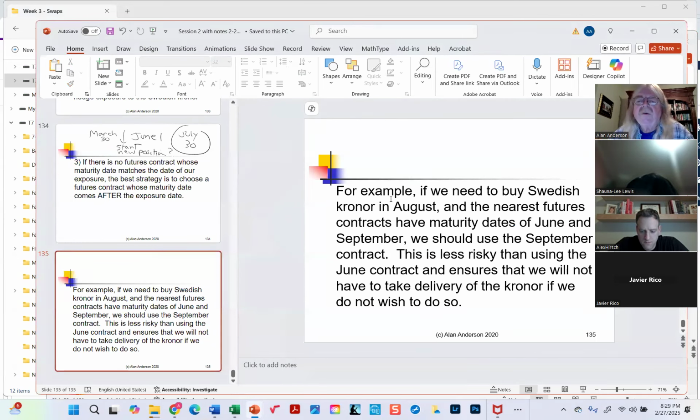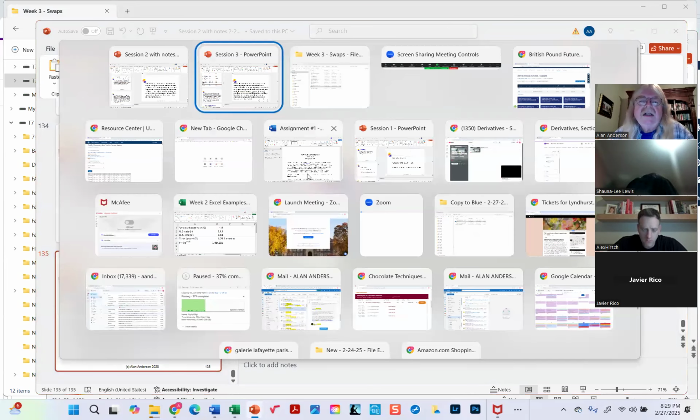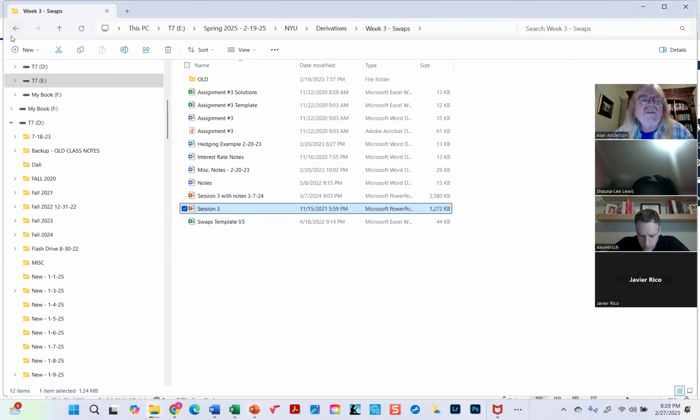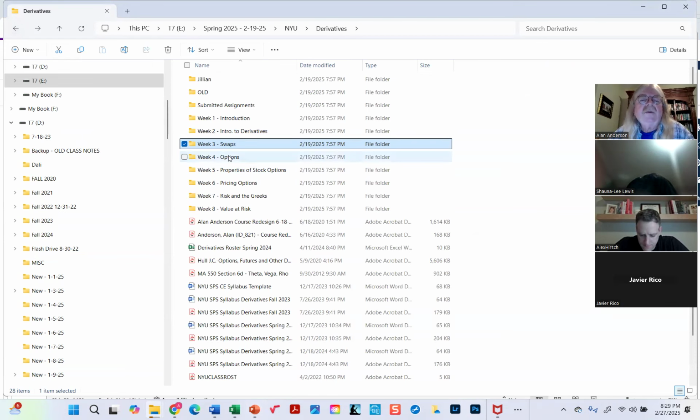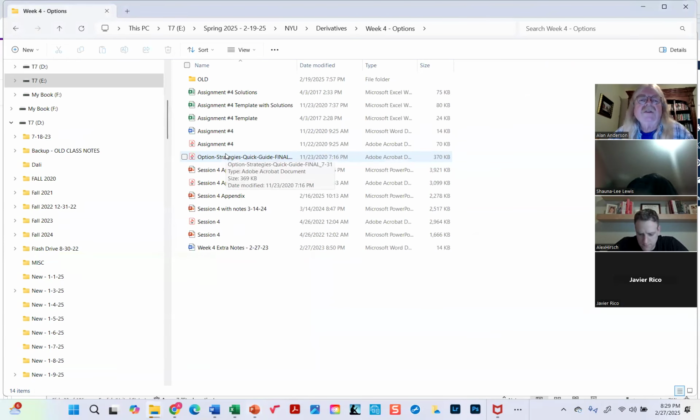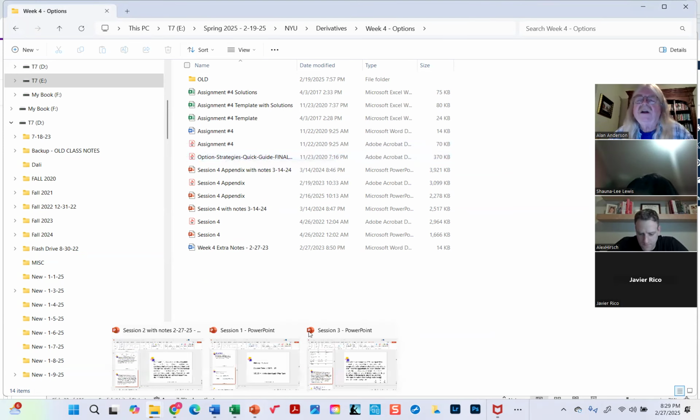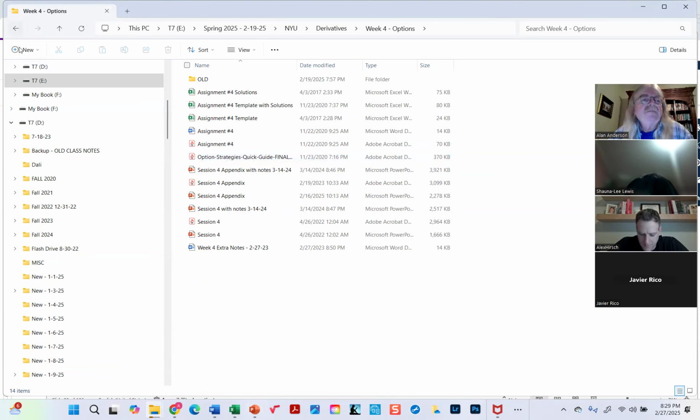It should be pretty interesting, but a lot of Excel to get the results we need. Then the following week, we can dive properly into options. That's going to be where most of our time is spent because of their complexity, but at the same time, they're easily the most interesting of all the derivatives.